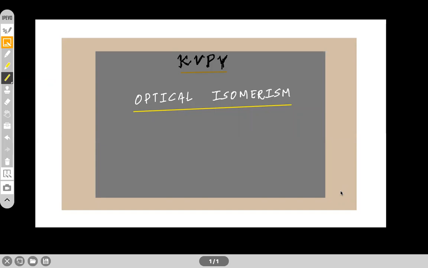So what we are going to discuss in this session is the configuration of a chiral center, the RS configuration.